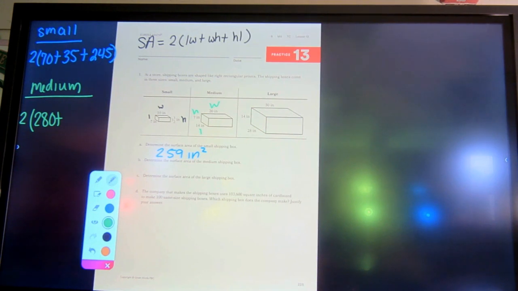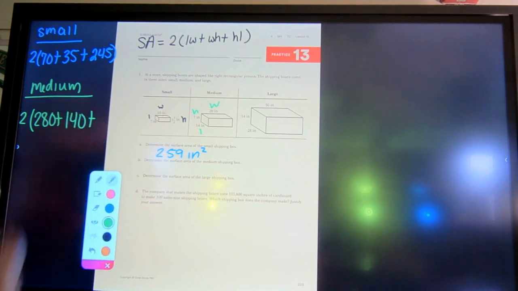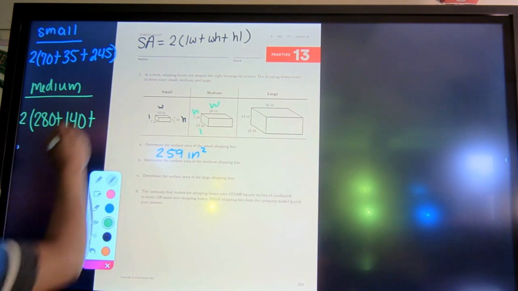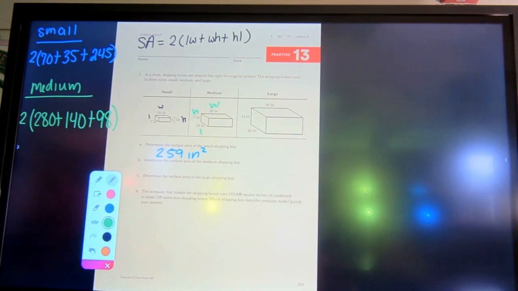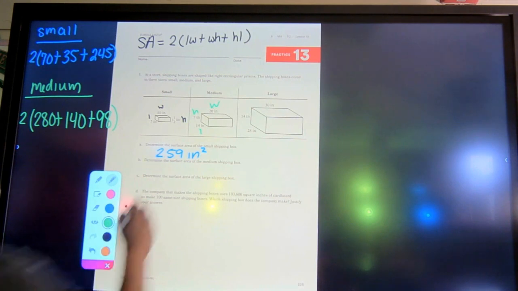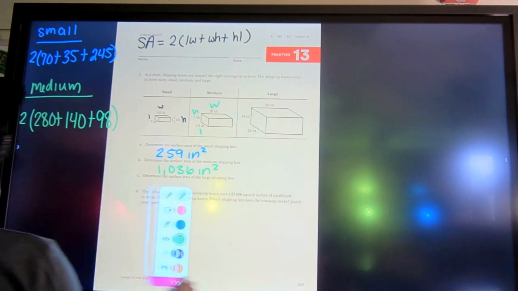So 20 times 7 is going to be 140. And then the last one is height, which is 7, times the length, which is 14, and you get 98. So we want to add those up, multiply by 2, and you get a grand total of 1,036, and that's inches squared.